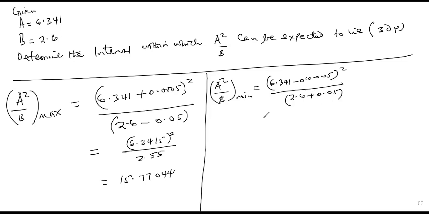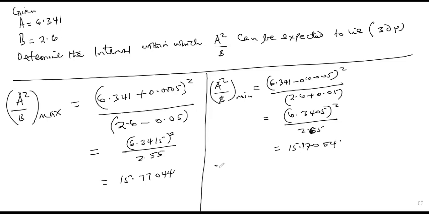So this is going to be equal to 6.3405 squared, over 2.65. Then the answer is going to be 15.17054.